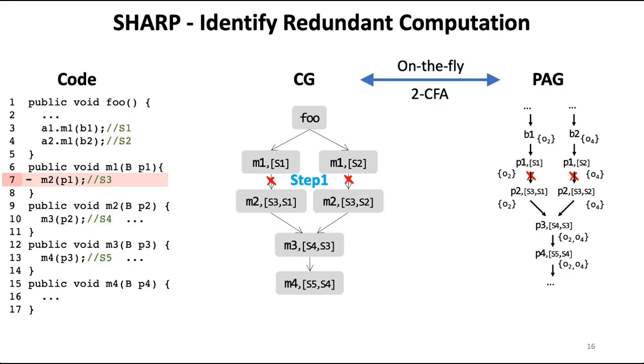Take the code on the left-hand side as an example. After we delete the call to M2 on line 7, the call edge between M1 and M2 should be removed. Now, M2 nodes become invalid, and so do the points-to constraints created by its enclosing statements. Then, we delete the constraints and propagate the change in points-to sets. Note the propagation here involves a chain of nodes.